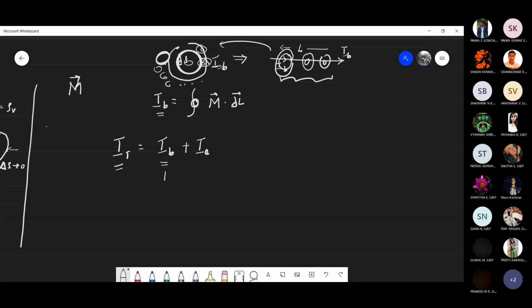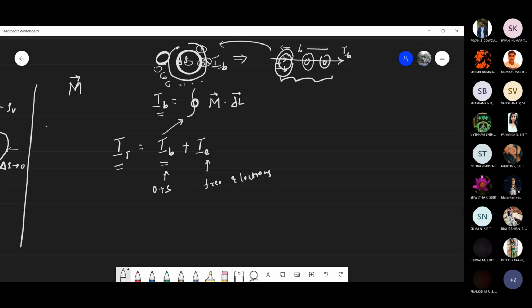This bound current is due to orbital plus spinning motion of electrons and internal magnetic field. This is represented in terms of magnetic field and free electrons. This is current due to free electrons. So what is total current? Total current is equal to bound current plus free current.